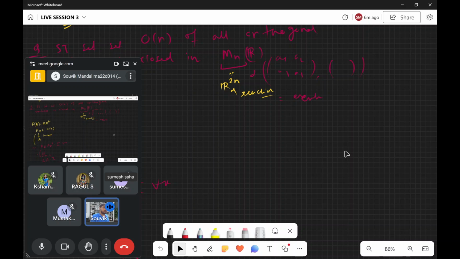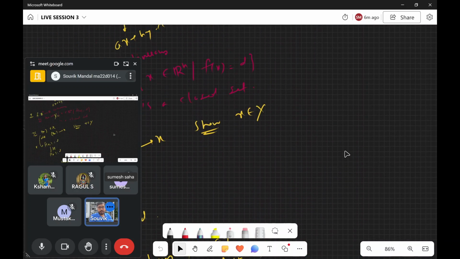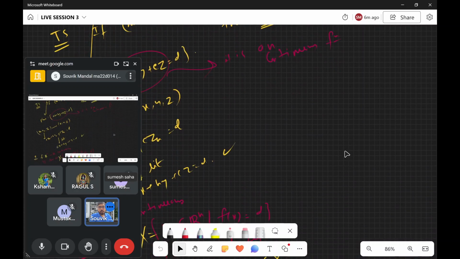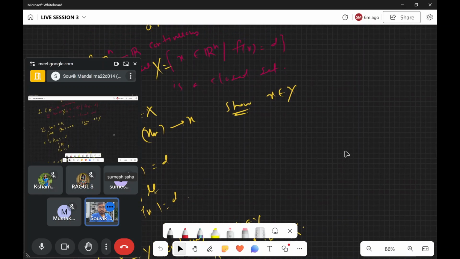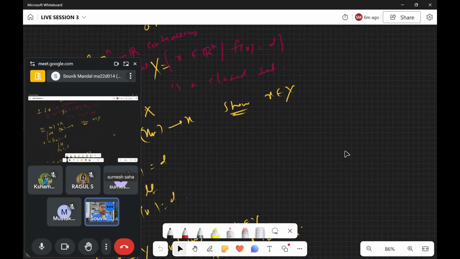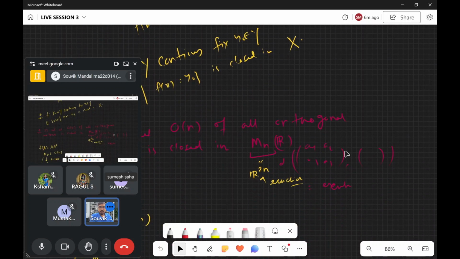But now, in the previous problem also, these problems can be explained another way.